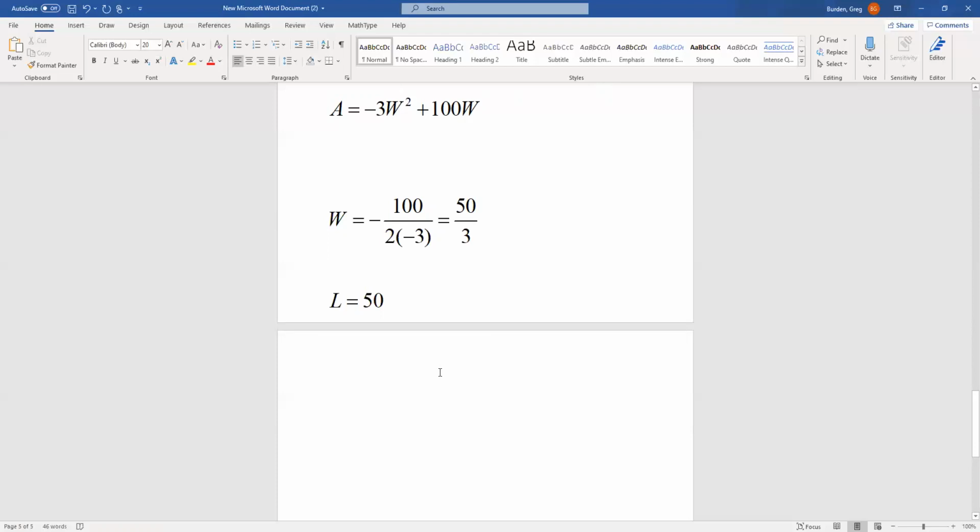And so the answer to our question is the dimensions of the pens are, not sure if I have the right plural, the dimensions is definitely plural, are 50 feet by 50 thirds feet.